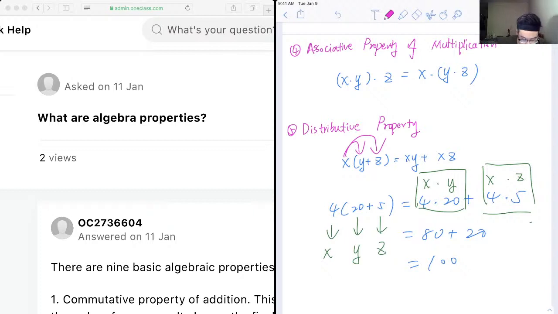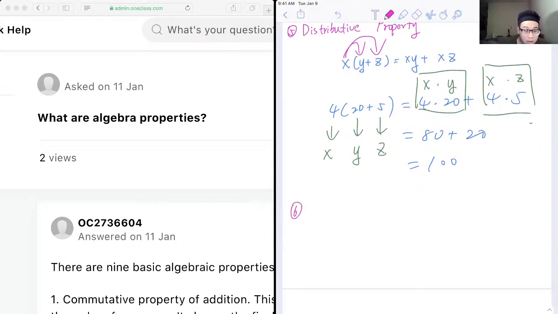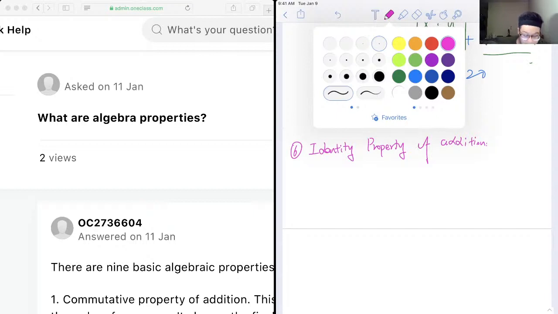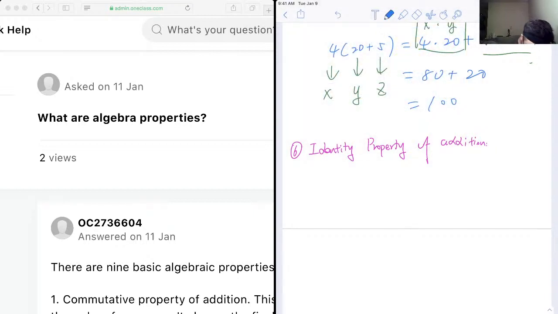All right, so next we have the identity property of addition. This property states that any number added to 0 is equal to the number itself.